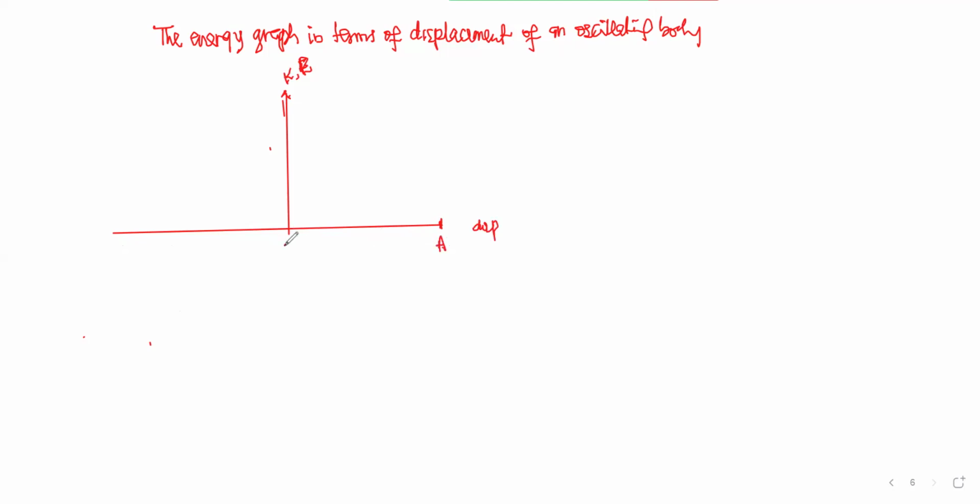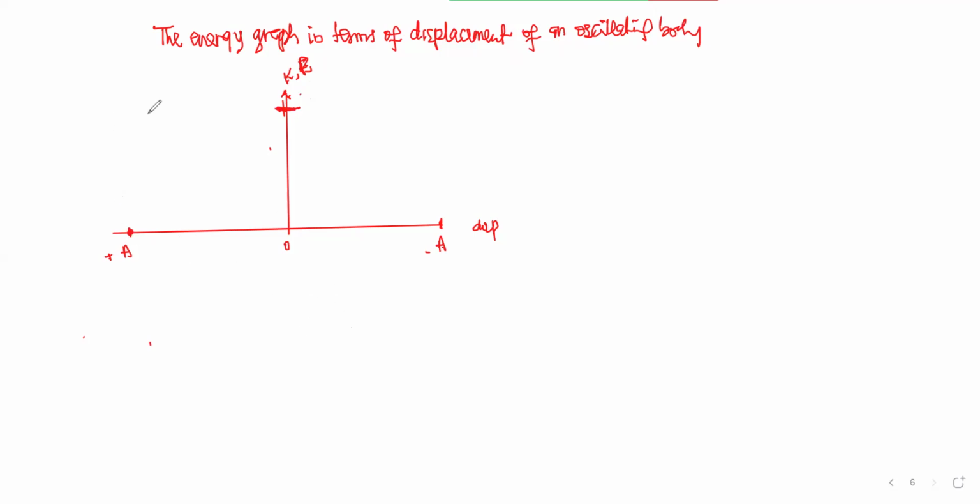This is at a displacement of 0. And this other point is also the other amplitude, so positive and then negative amplitude. Let's have this point be equal to the maximum energy, E, for both.